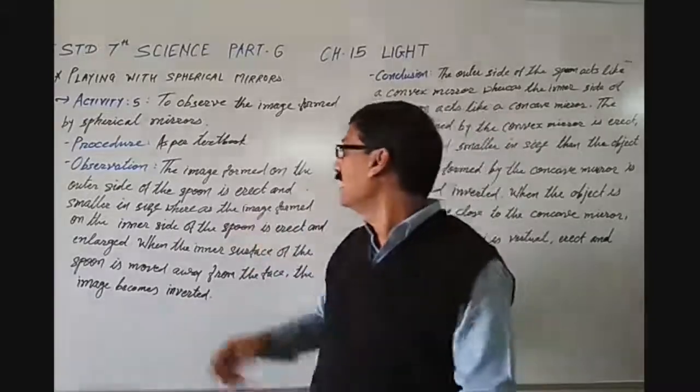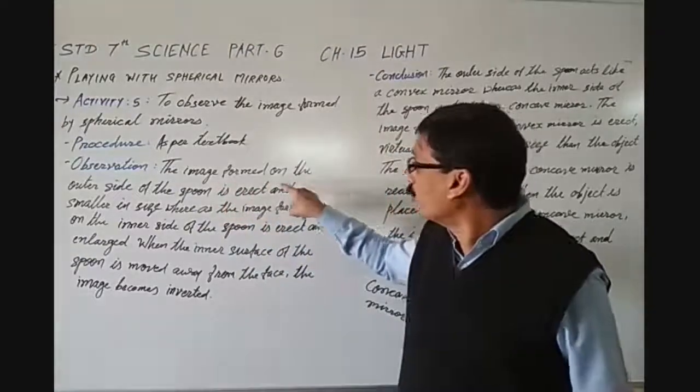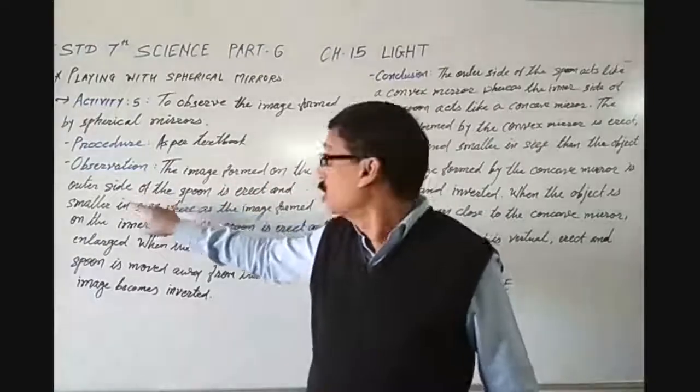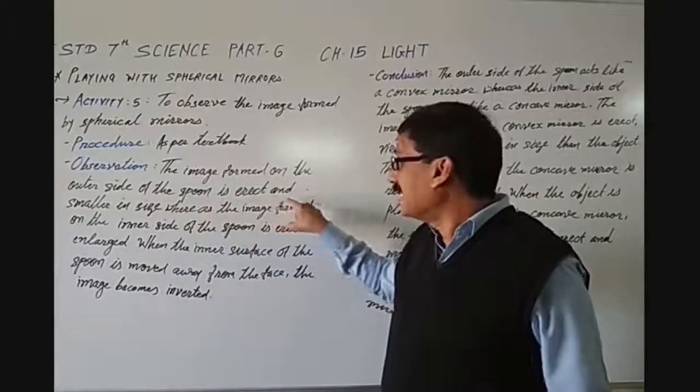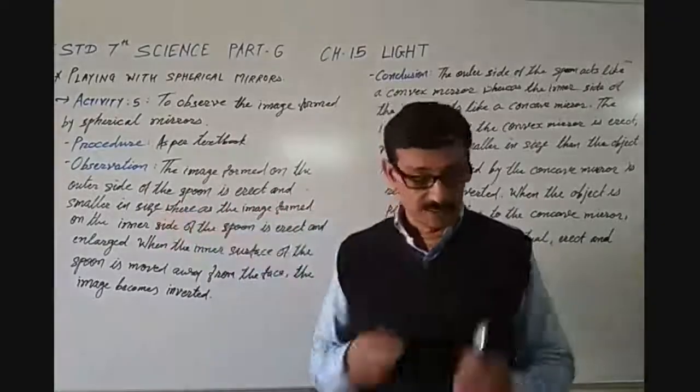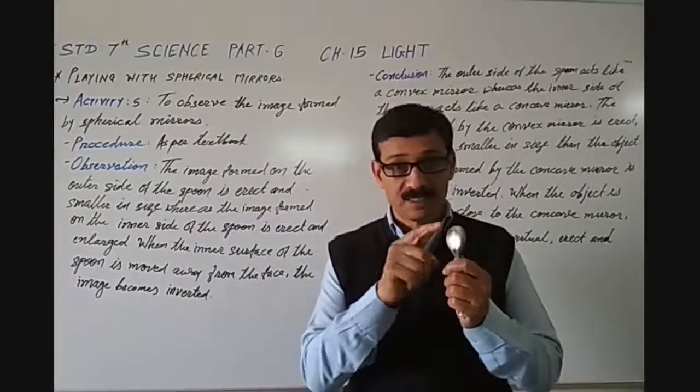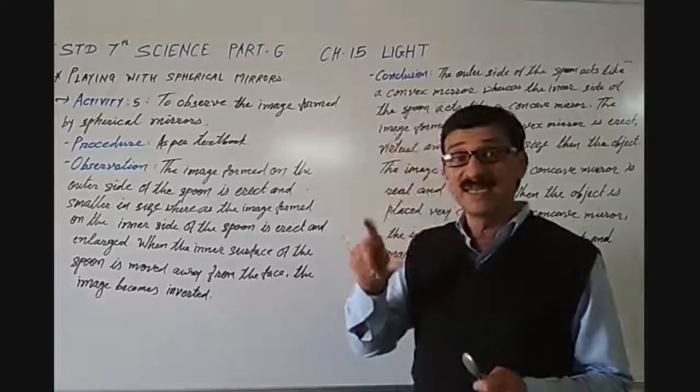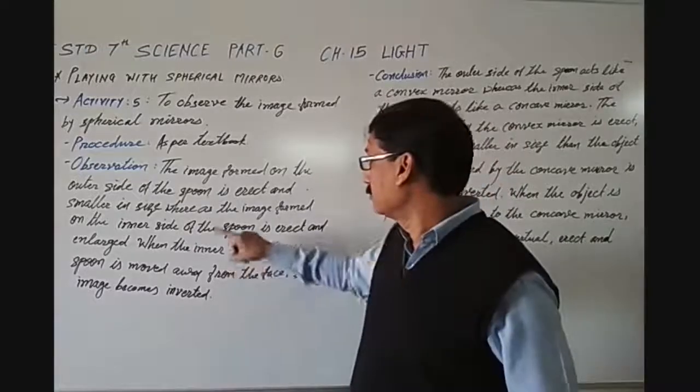What we see when we look into the mirror from the inner side and outer side, and what is our conclusion. The observation is that the image formed on the outer side of the spoon is erect and smaller in size.